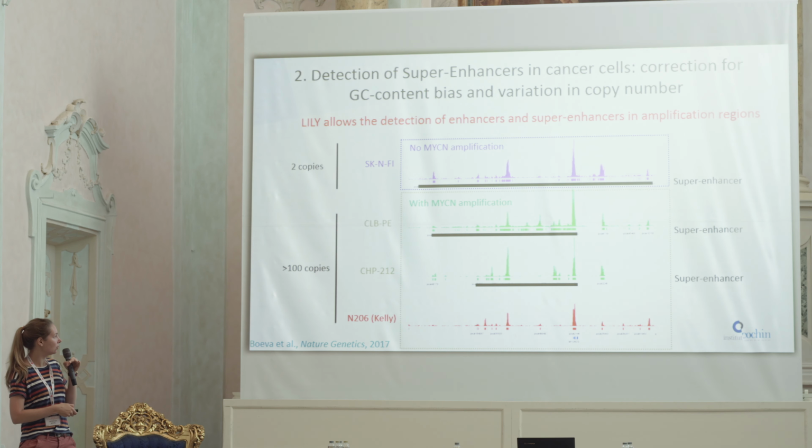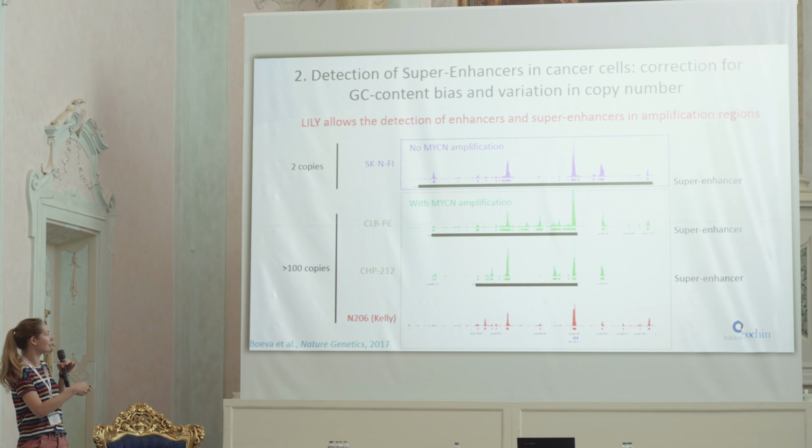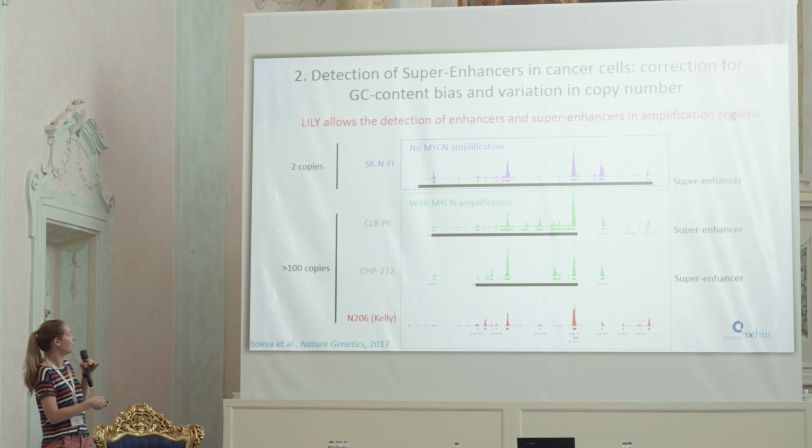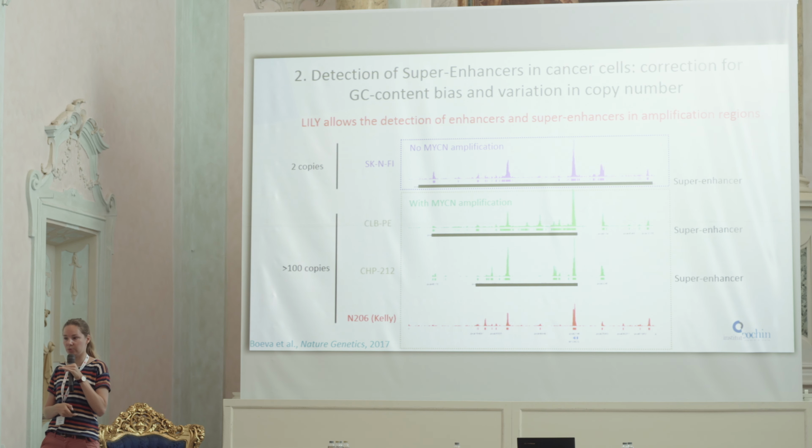The signal I'm showing to you is a signal after the normalization by HMCAN. You see that the profiles look very comparable, so you removed all copy number bias. You can clearly see the activated promoter for MYCN, which is here, and lots of enhancers. If you apply Lilly on these profiles, it will predict the super enhancers in these 3 cases, and it will say that here is just a bunch of enhancers and it's not a super enhancer.